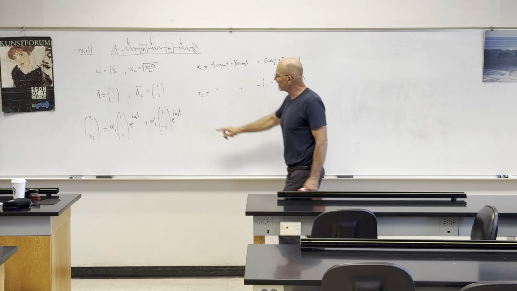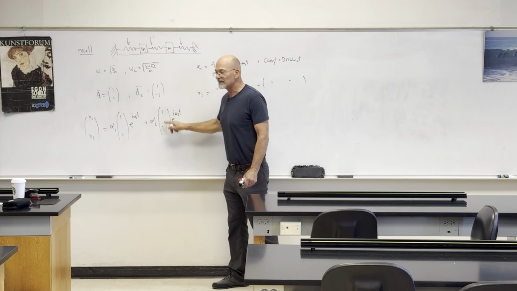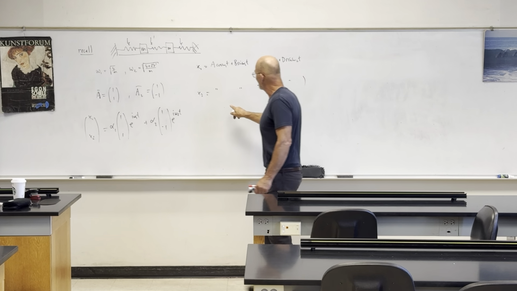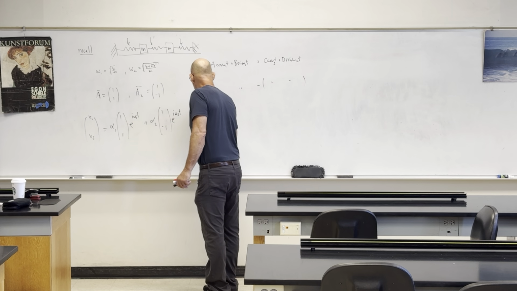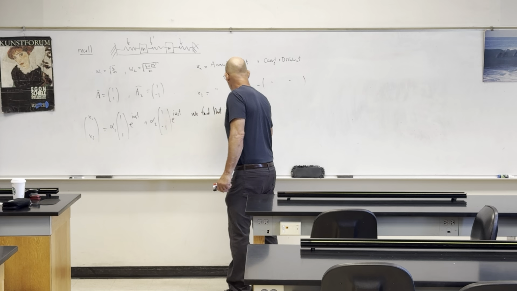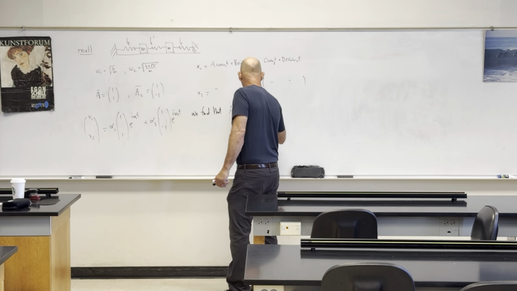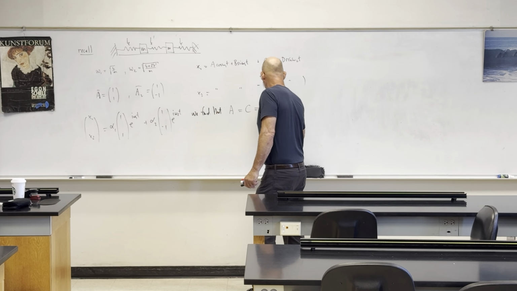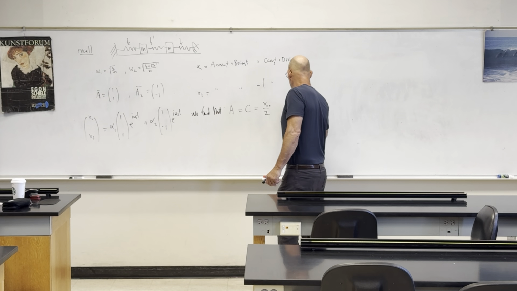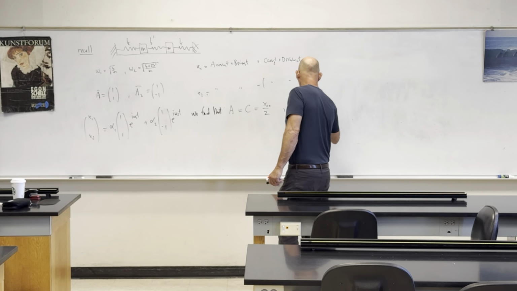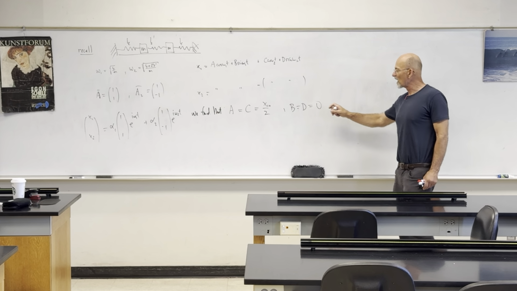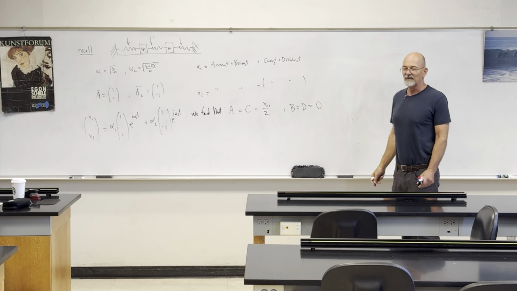And that was because of the structure with the eigenvectors. So we had done that, and we found that A equals C equals this initial condition over 2, and B equals D equals 0.